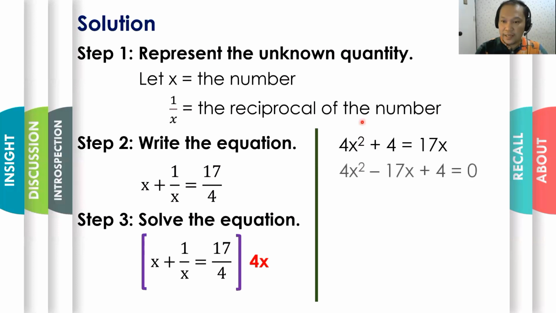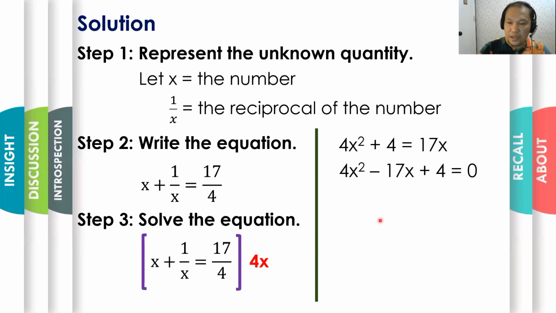Then after that, we have 4x squared minus 17x plus 4 is equal to 0. Remember, when 17x was transposed to the left side of our equation, from positive, it changes its sign. Thus, we have negative 17x.